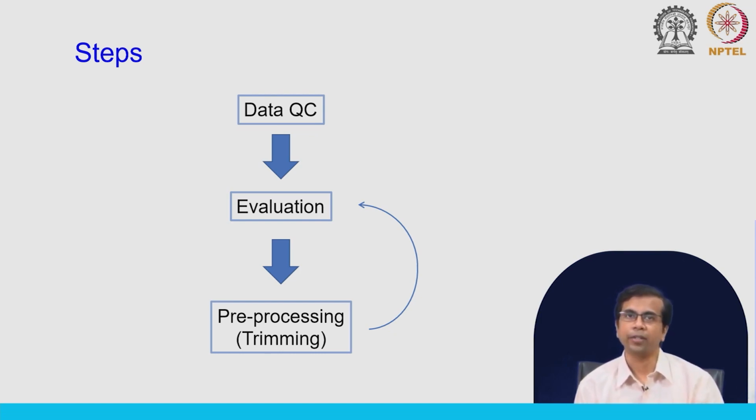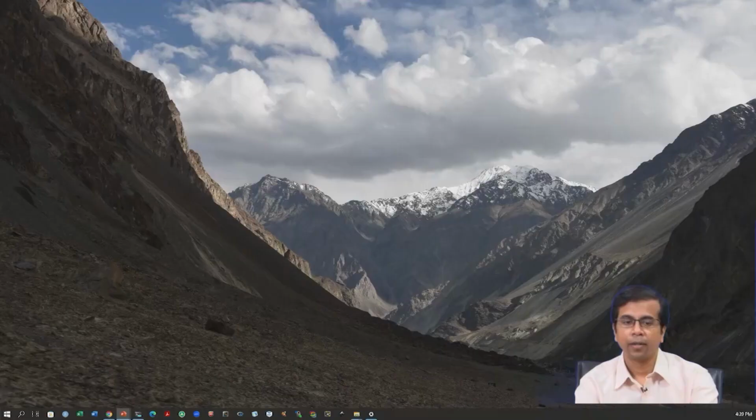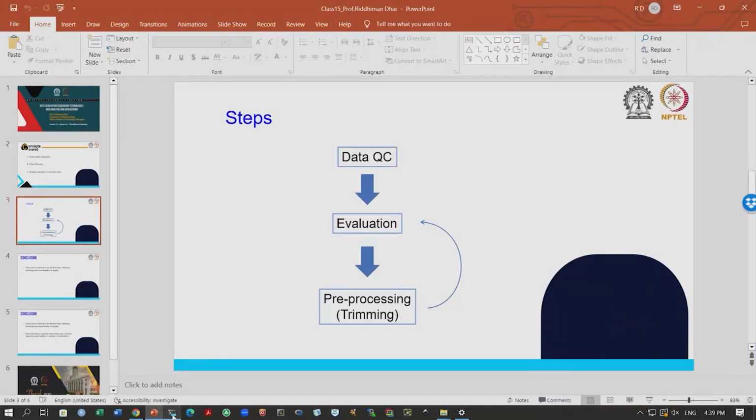We have to run QC, do the evaluation, and if something is still not okay, we have to do pre-processing again. So, this is an iterative step. We do the quality control, we evaluate, we do the pre-processing, and we again do quality evaluation. We will actually do this cycle today with the data set that we have already seen in the last class. So, let us move into the terminal.